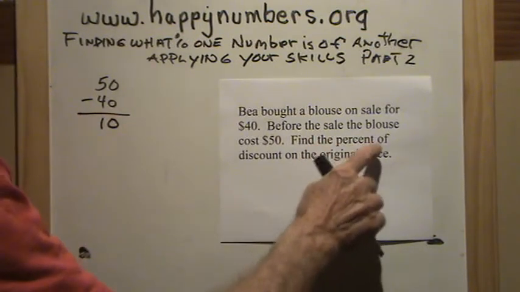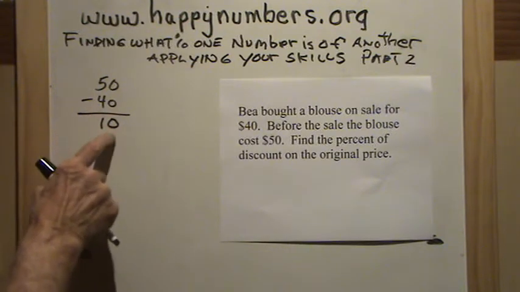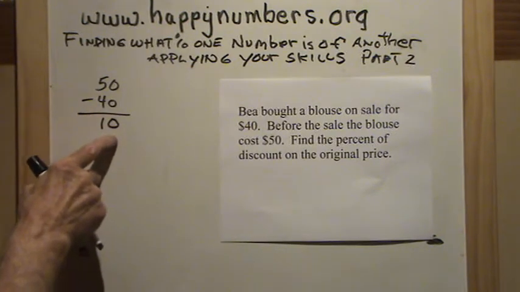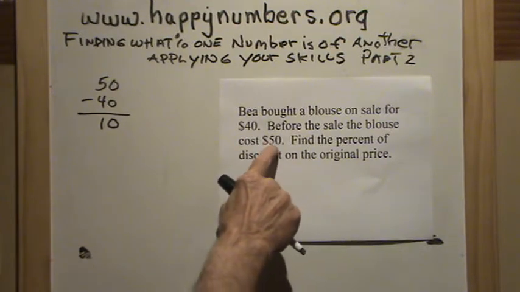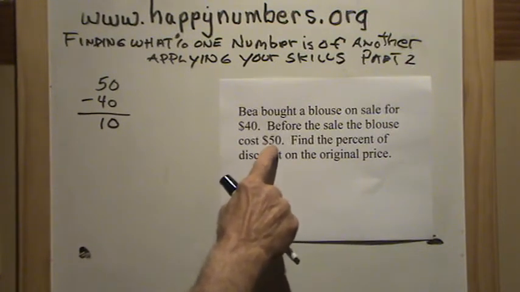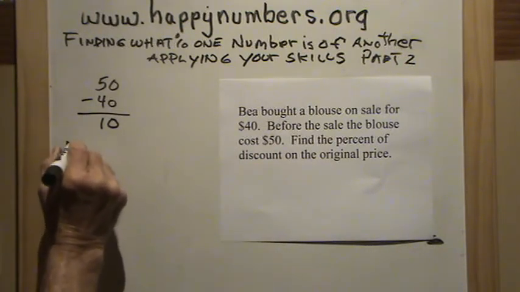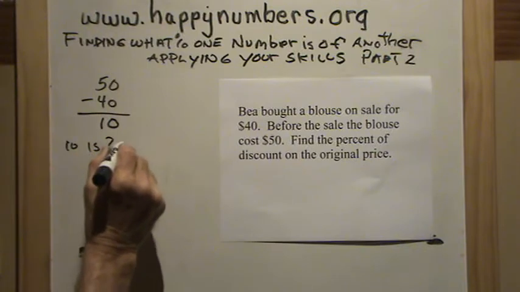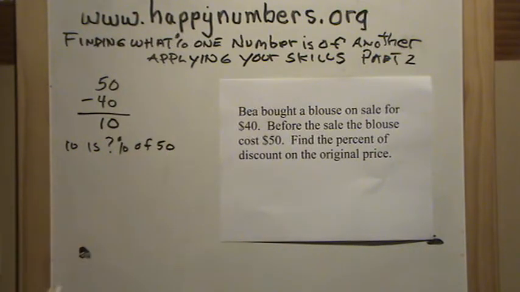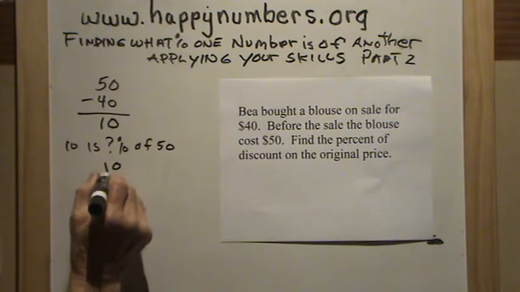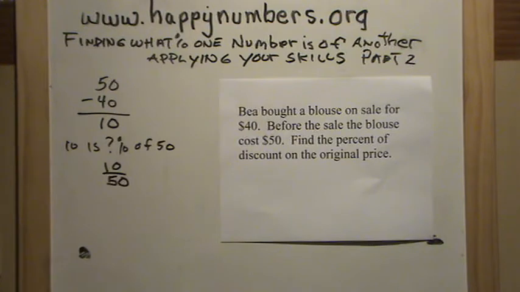Now if we want to find the percent of discount, this was the discount. So we want to find what percent 10 is of the original cost of the blouse, which was 50. So 10 is what percent of 50? We set up our fraction like so.